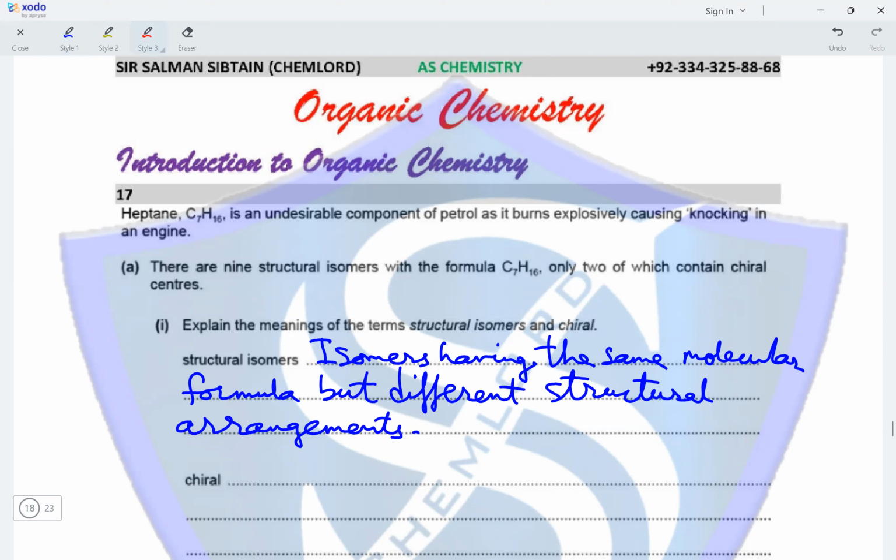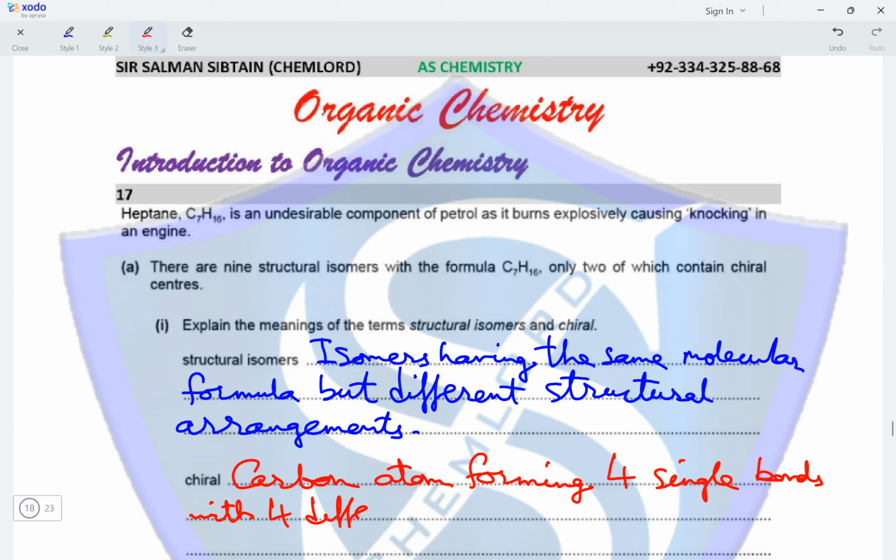And chiral refers to a carbon atom forming 4 single bonds with 4 different atoms or groups of atoms.